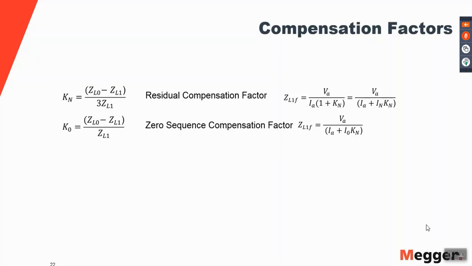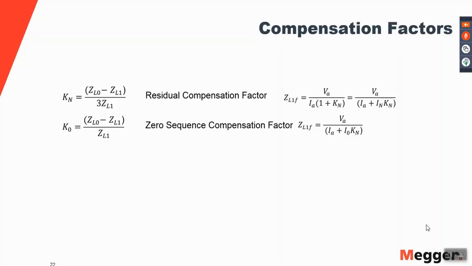Now, this is a basics of distance protection webinar. There are many other compensation factors used by relay manufacturers out there. All you have to do is make sure that you're using the proper compensation factors. Otherwise, your tests will be skewed. There are compensation factors like the resistive and reactive. There is also another one that's simply the multiplication of the zero sequence impedance by the positive sequence impedance, etc. But I'm not going to mention them here.